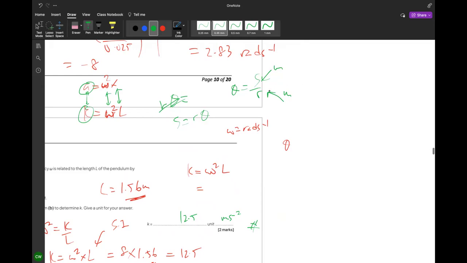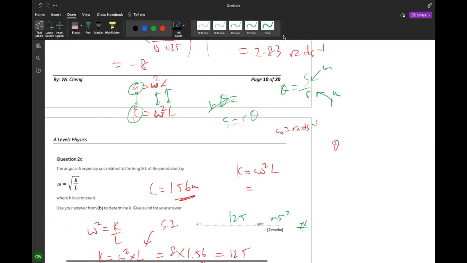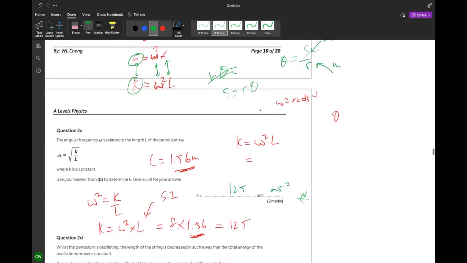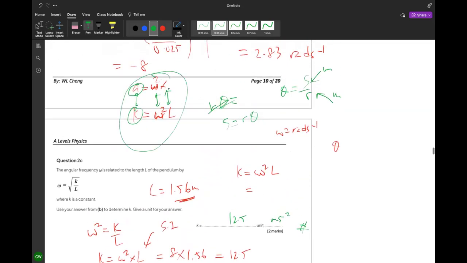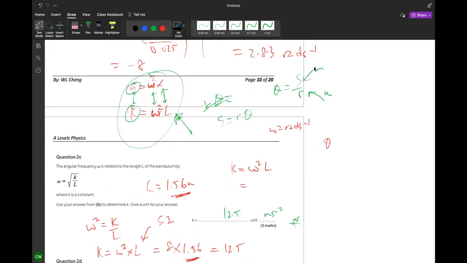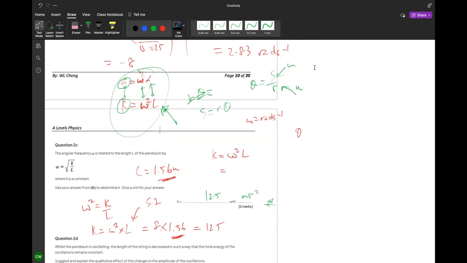So radian is actually not a unit. No unit, cancel out. Okay, so meter per second square. You can also see from here, see from here is better. Any problem? No problem.